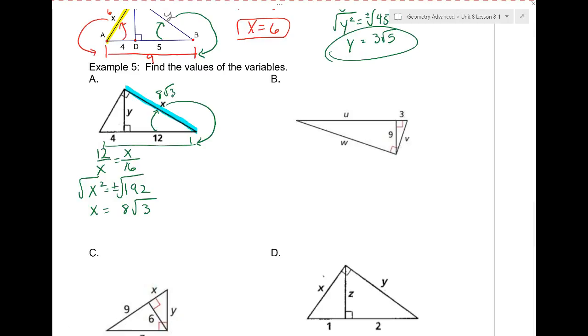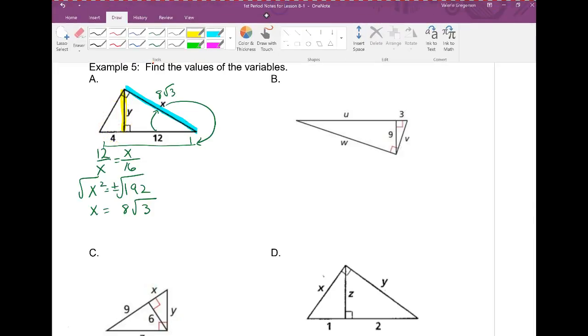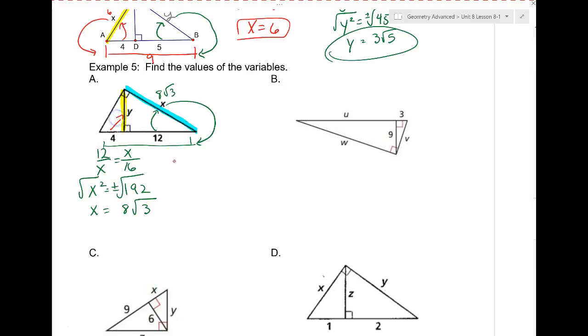But I'm also realizing if I'm looking for y here, I have that geometric mean in the middle of the two small triangles. So this is where I'm going leg is to leg as leg is to leg, right? So small leg to small leg, big leg to big leg of the two smaller triangles. So that's going to be the arrow through method. So for this one, I'm going to go 4 is to y as y is to 12. So I get y squared is equal to 48.